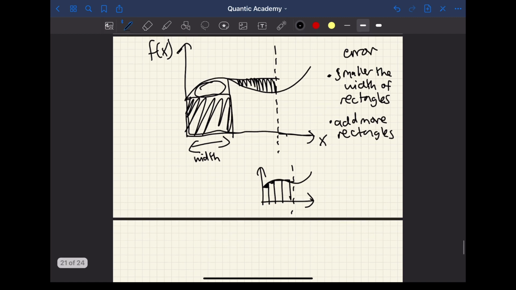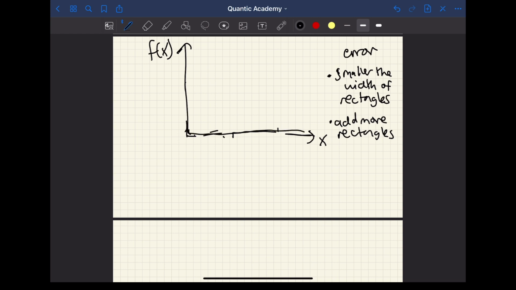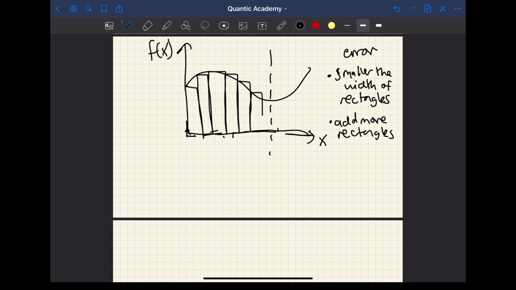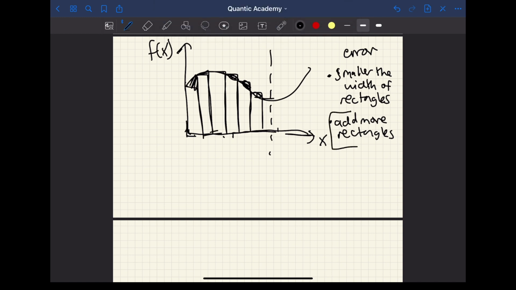So if I add more rectangles, then the error will be lower, and the area of the rectangles will be closer to the actual area under the curve. So now I made the rectangles smaller by adding more rectangles. As you can see, the error is much lower. But even though the error is lower, this is still there. Okay. Now adding more rectangles reduces the error.